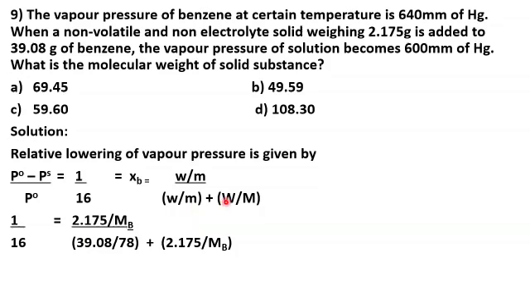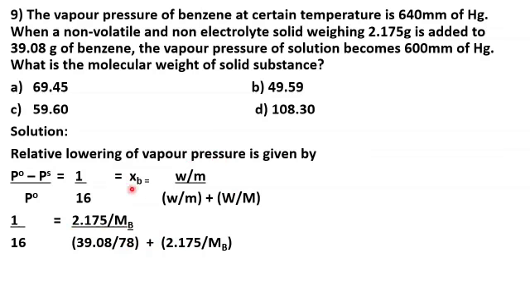Capital W represents the weight of the solvent, that is benzene, 39.08, and capital M represents the molecular weight of benzene, that is 78.